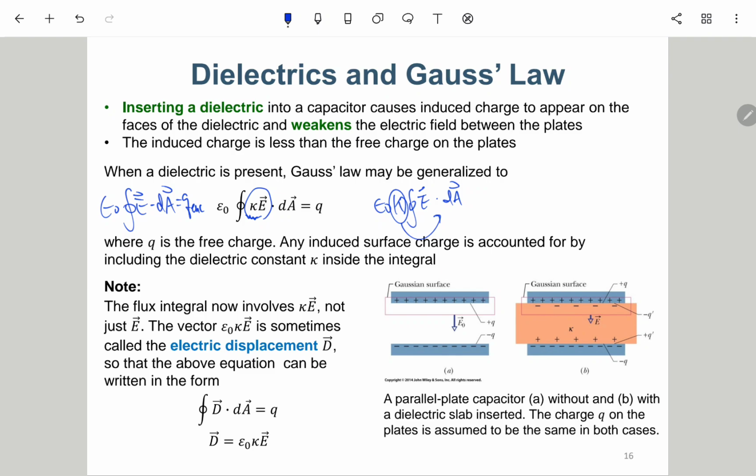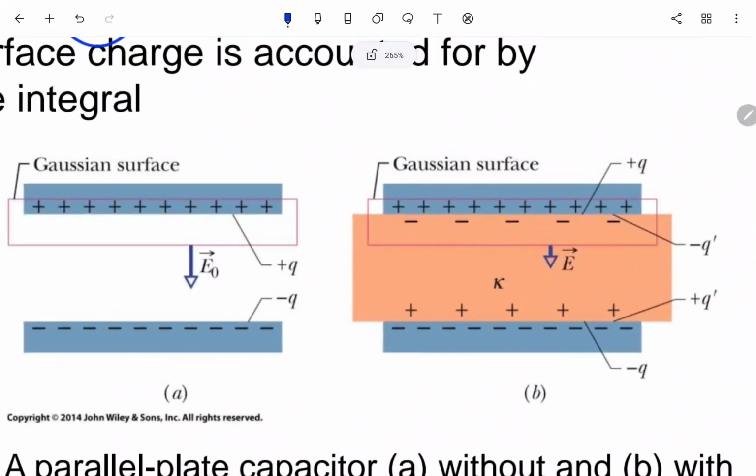So it reminds you that different regions have different kappa, and you need to split the integration. Okay, so it would be something like this.